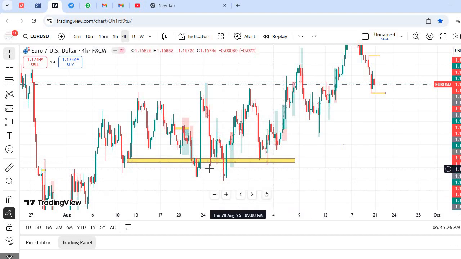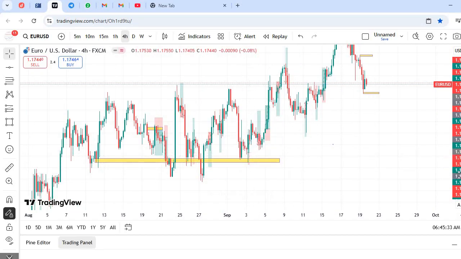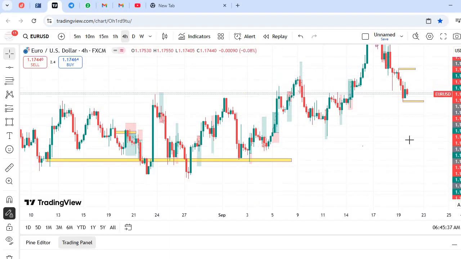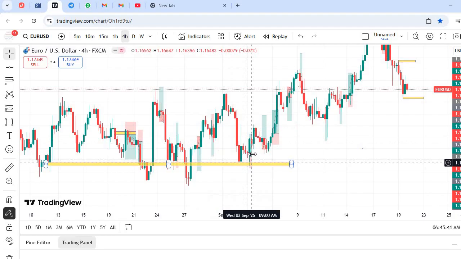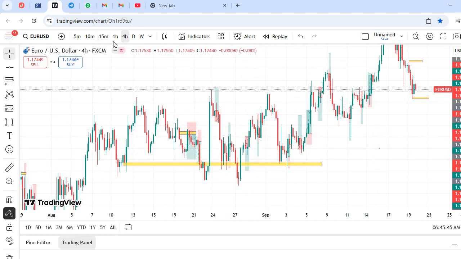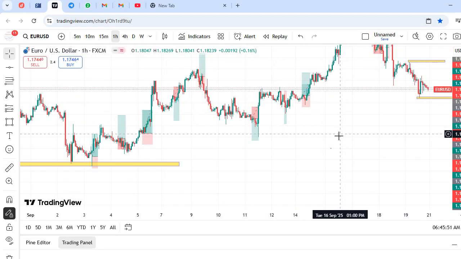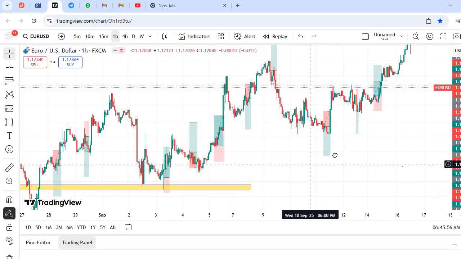For instance, this is like a support level. Understand? So if you are going to take a trade on this chart, you want to come down to your 1 hour time frame or your 15 minutes. Understand?